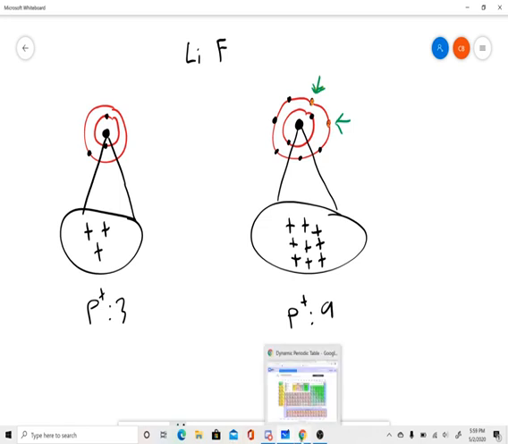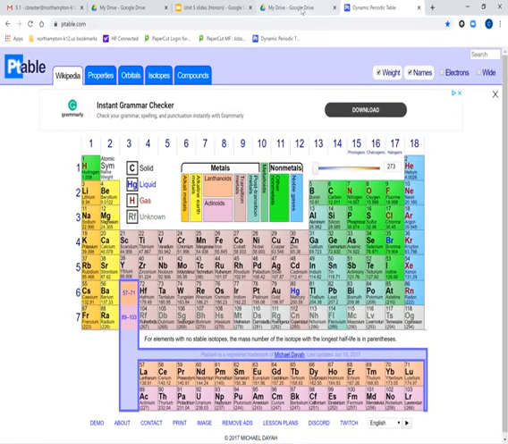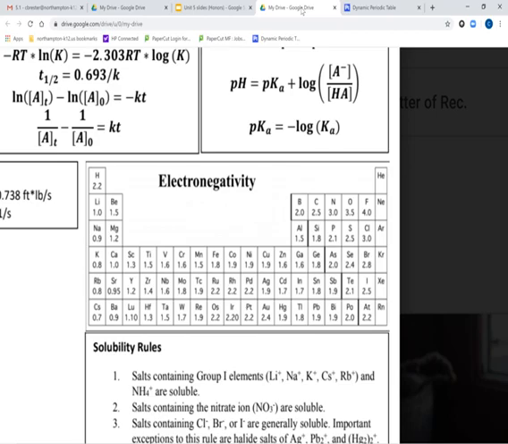Another way you can know that is to look on our periodic tables. There's this table called electronegativity on the back side of the periodic table that you have in class, and that I've posted here on Google Classroom as well. So if we look, lithium has an electronegativity of 1, and fluorine has an electronegativity of 4.